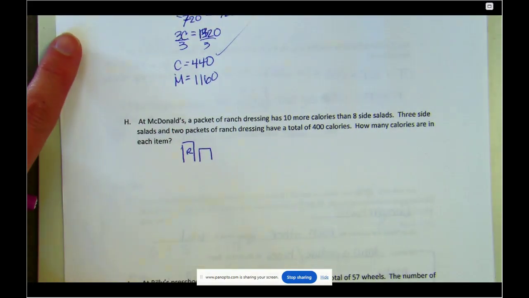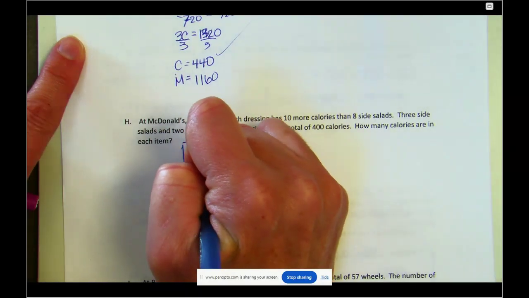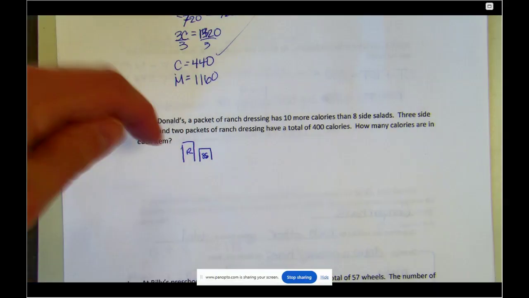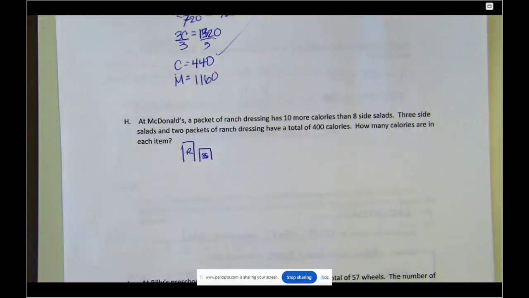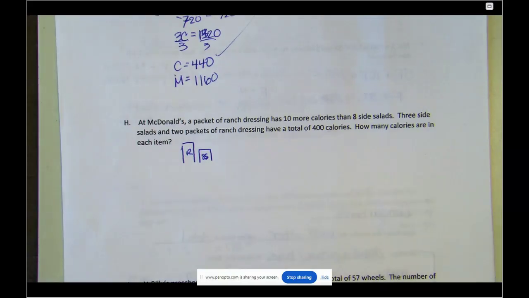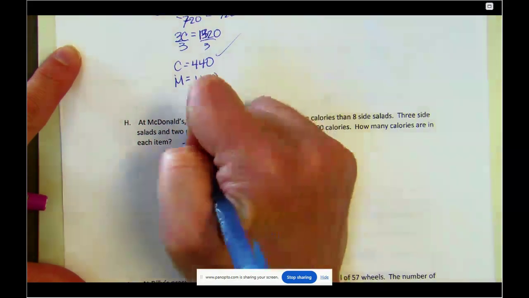So how are we going to put 8 salads? Yeah, 8S. Make sure that your S does not morph into a 5 here. That would be bad. Ranch dressing, more calories than 8 salads. It looks like 8S. But what are you going to do to make those equal? Plus 10. Yeah, plus 10.